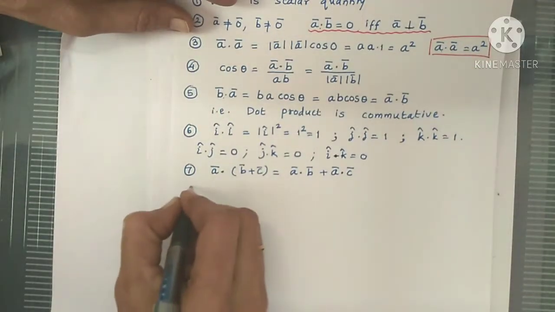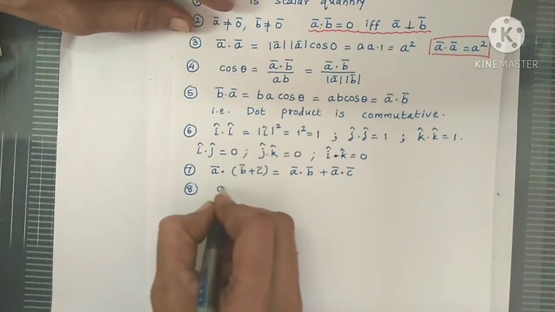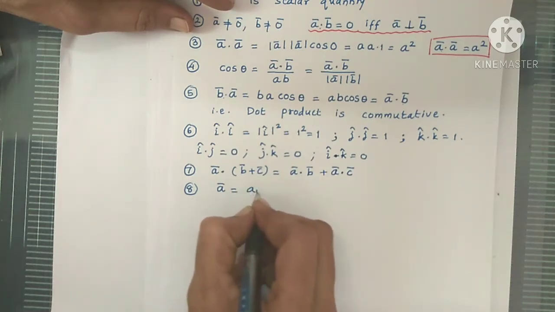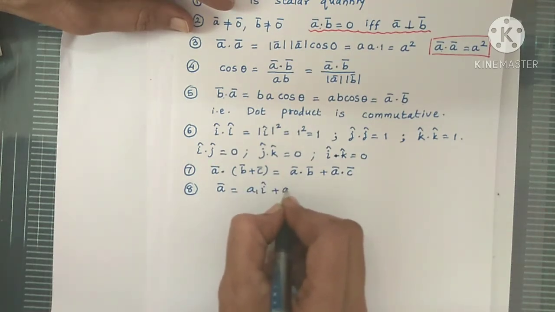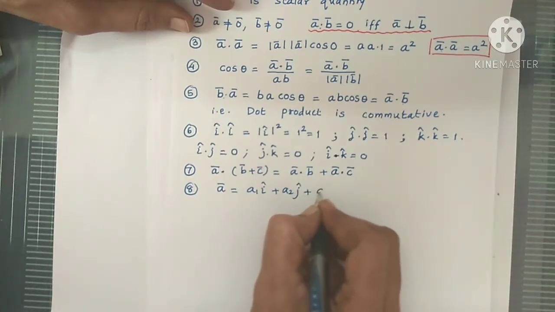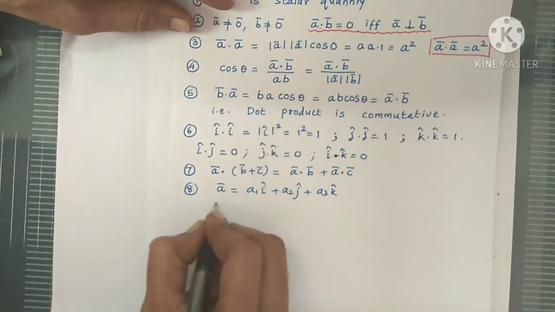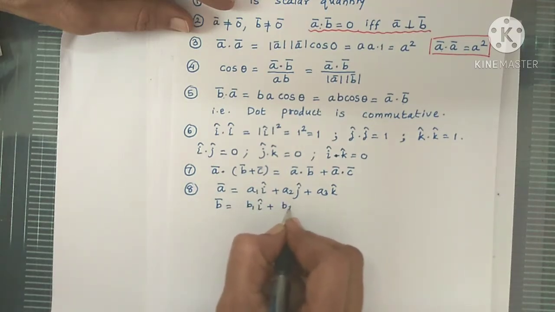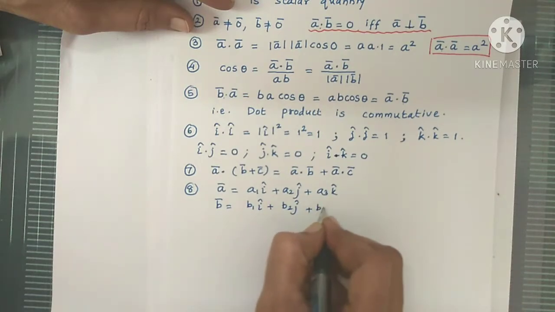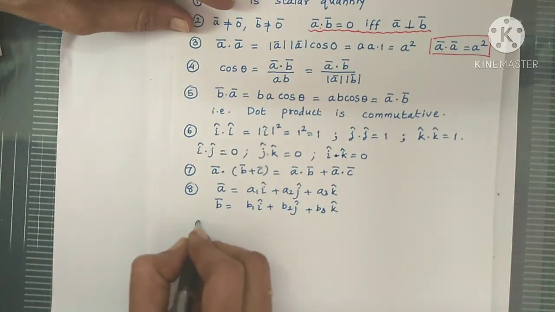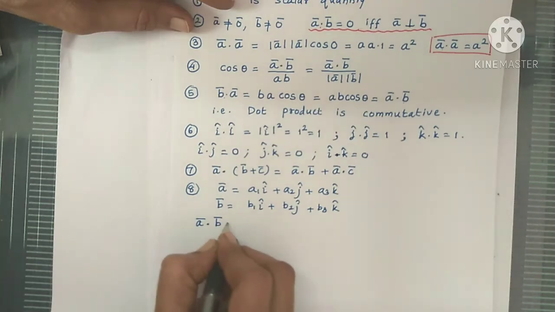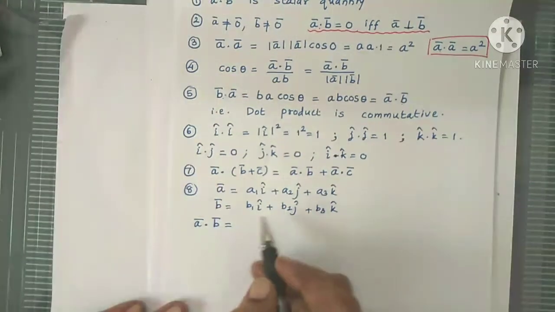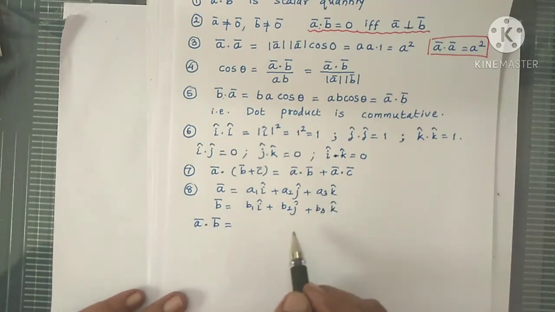So using this result, if I write a bar as a1 i plus a2 j plus a3 k and b bar as b1 i plus b2 j plus b3 k, then their dot product a bar dot b bar is equal to a1 i plus a2 j plus a3 k in the first bracket, dot b1 i plus b2 j plus b3 k in the second bracket.